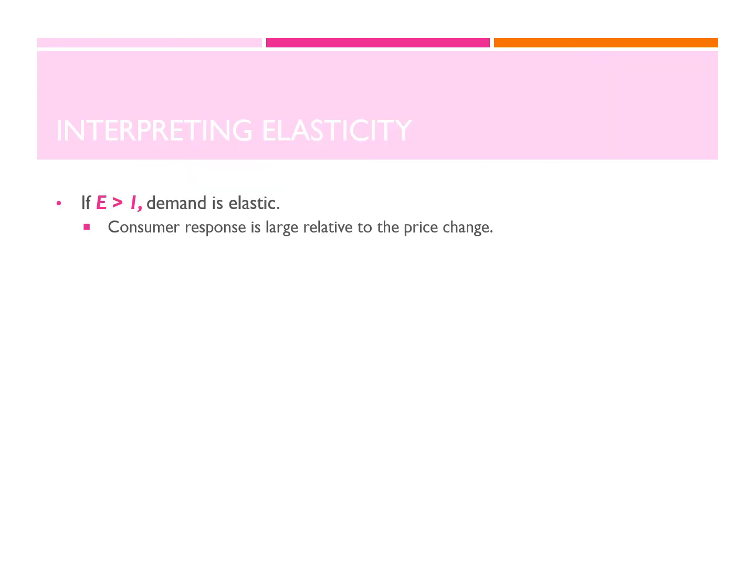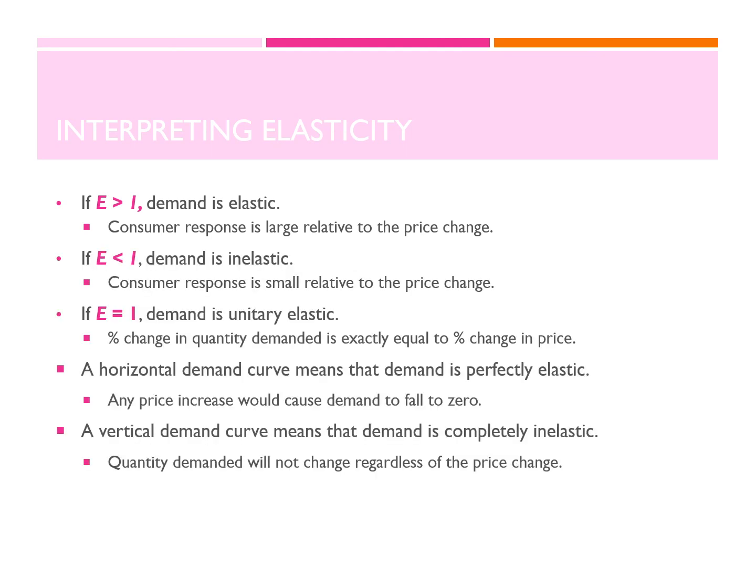Now, this is like a summary. When I interpret what elasticity is from the figures that I get, greater than 1 is elastic. In other words, consumer response is large relative to the price change, so the percentage change in quantity is greater than the change in price.